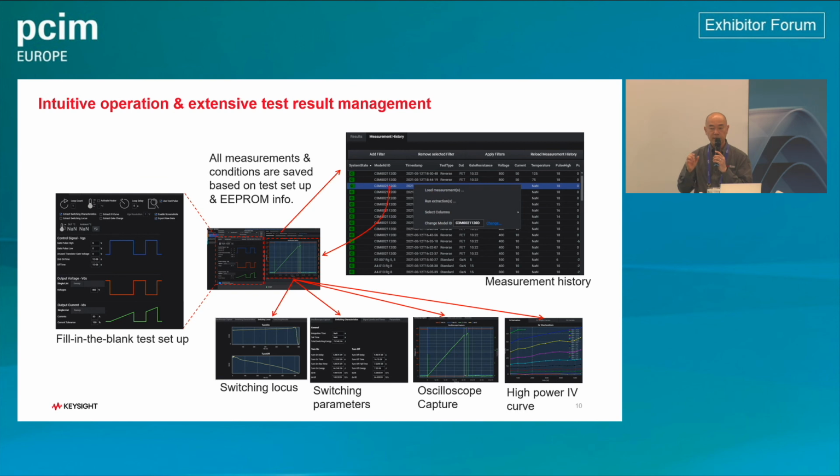Using the swept data, sweeping the voltage and sweeping the current, you get multiple test results from a double pulse, and you can draw the high power IV curve, which is important especially for wide band gap devices where you have short channel effect. So current doesn't get settled, but keeps going on or getting higher over the voltage. That type of data can be utilized to make a good device model that can be used for simulation as well.